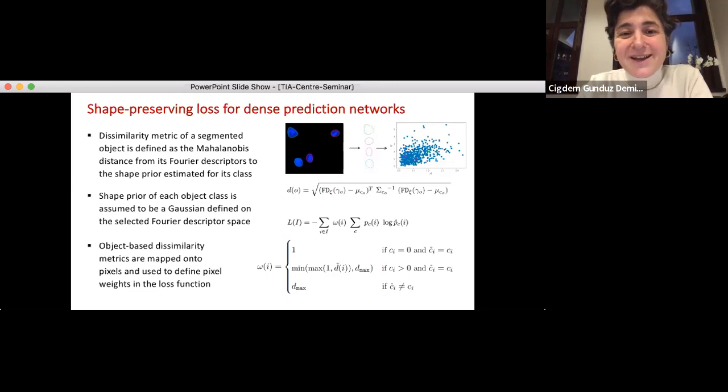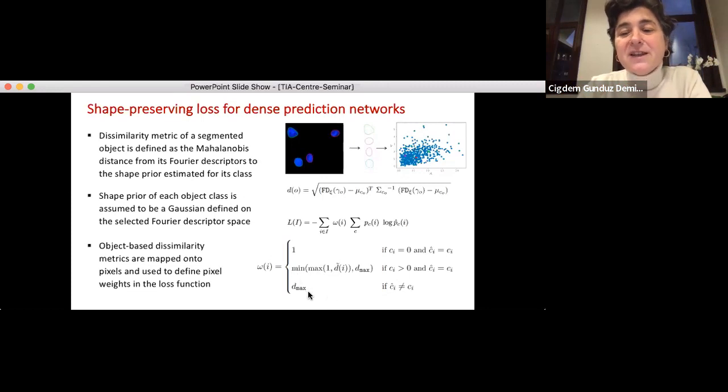Suppose that you have found one object here, and it does not overlap anything. Still you're making the calculation, and then you're calculating the dissimilarity metric.